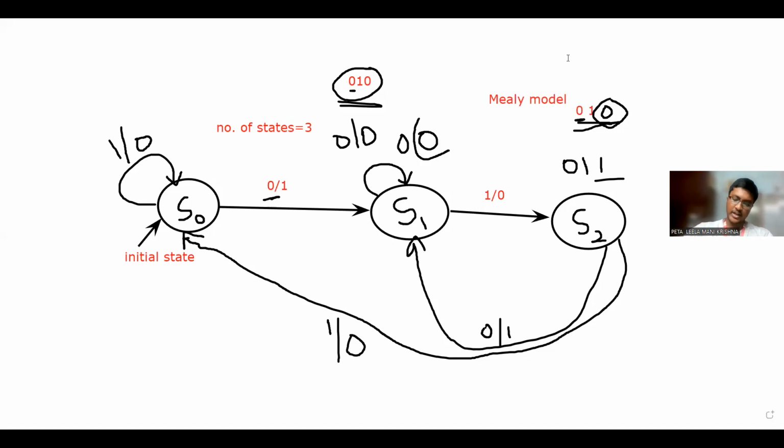This is the state diagram. Now we have to construct a state table regarding the state diagram. Now I'm clearing all this. State table for Mealy model. Now I'm recollecting the previous sequence of bits. I'm at S0, initial state.